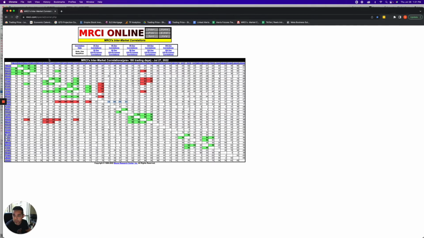It even shows you that the 30-year is negatively correlated against things like gasoline, which could be added as confluence. So if I wanted to get long gasoline right now, I would absolutely want the 30-year to be running into a supply zone. Because if the 30-year supply zone works and it goes down, gasoline is most likely to go up, right? It's a high negative correlation there.